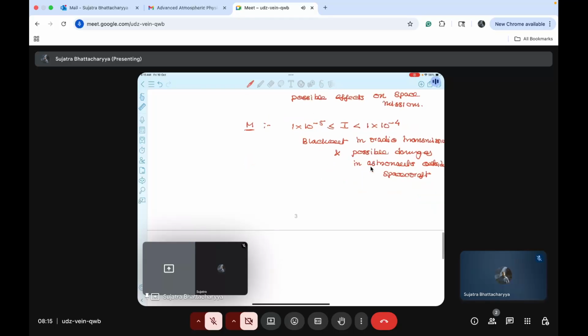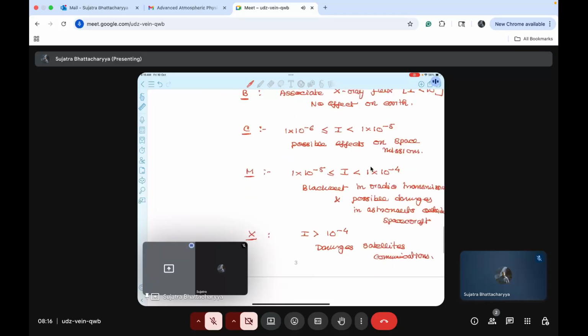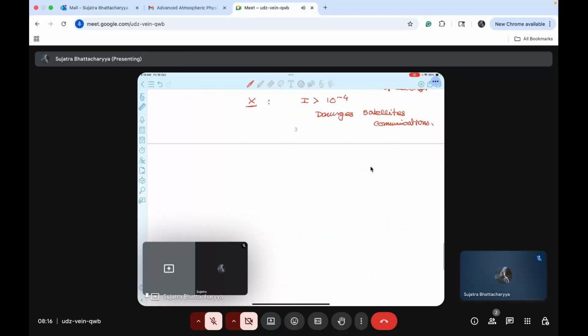And finally, we have X, which is intensity of the order 10 to the power minus 4. It damages satellites or satellite communication. Okay, so these are the possible types of solar flares. Similarly, second is geomagnetic storm.